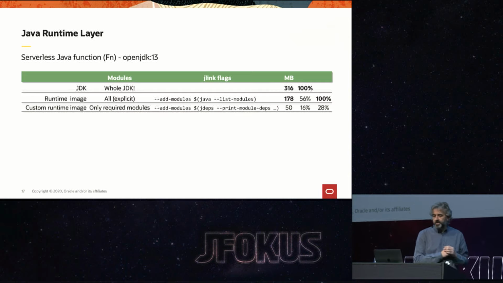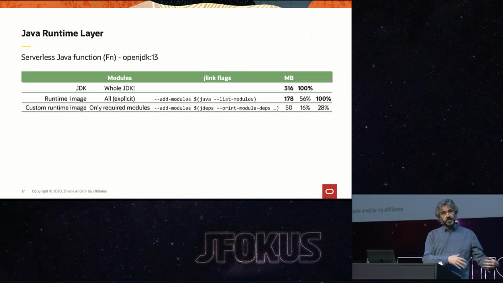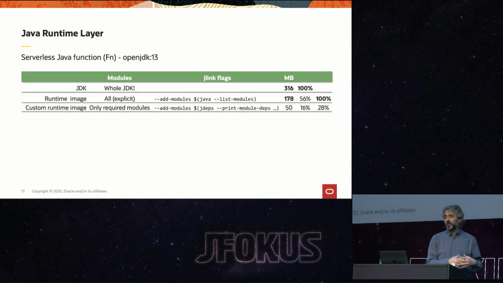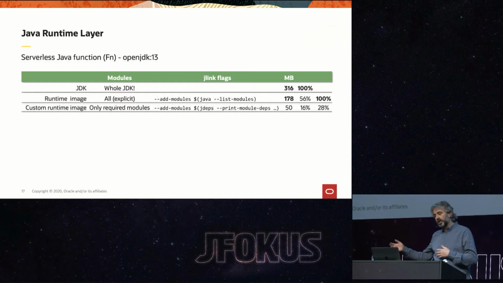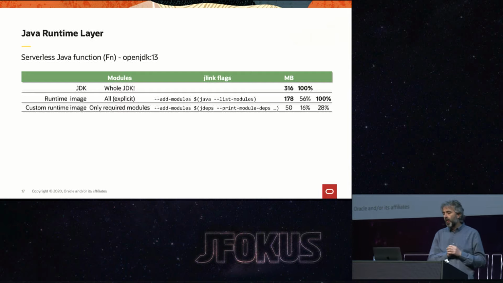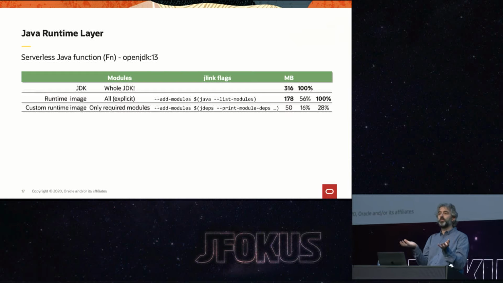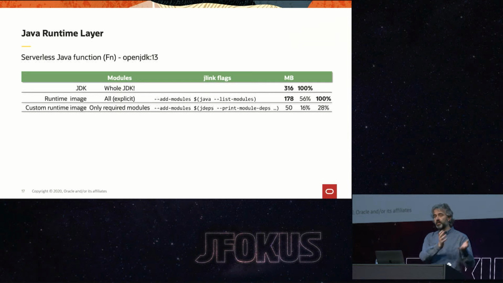So what I did next, I used jlink as it was designed to be used. I created a runtime that only includes the modules that my serverless Java function needs. For that, I used jdeps to get the dependencies. And I went from 168 megabytes to 50 megabytes. So 50 megabytes is basically a complete Java runtime to run my serverless Java function.